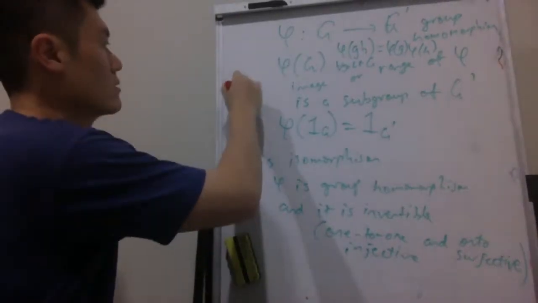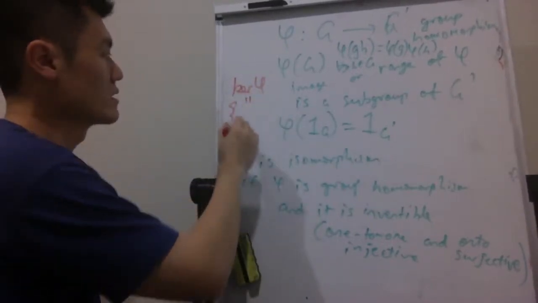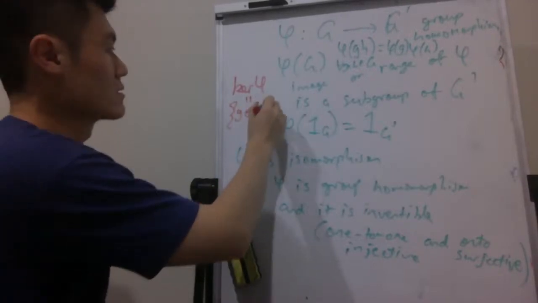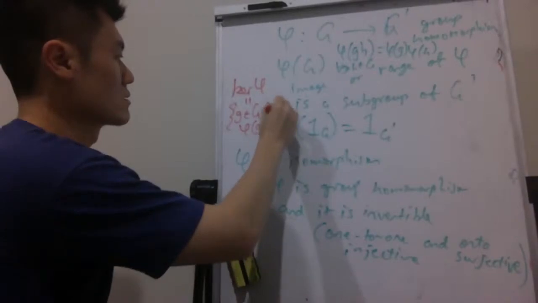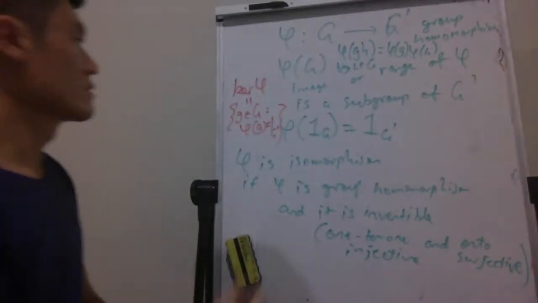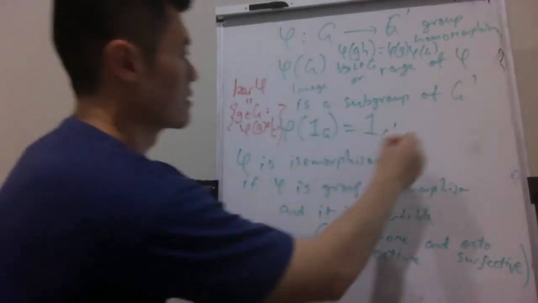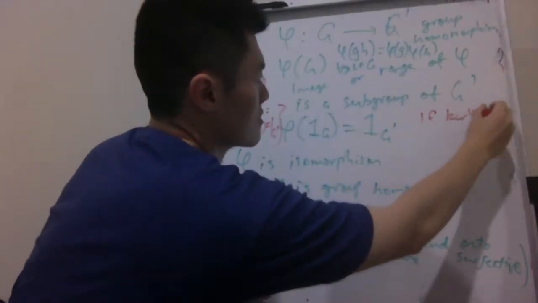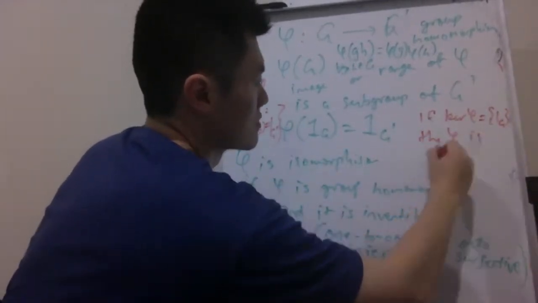So the kernel of phi, okay, is defined to be the set of all the things in G such that phi of g equals 1. And so the thing is, if the kernel of phi is equal just to the identity, then phi is 1 to 1.